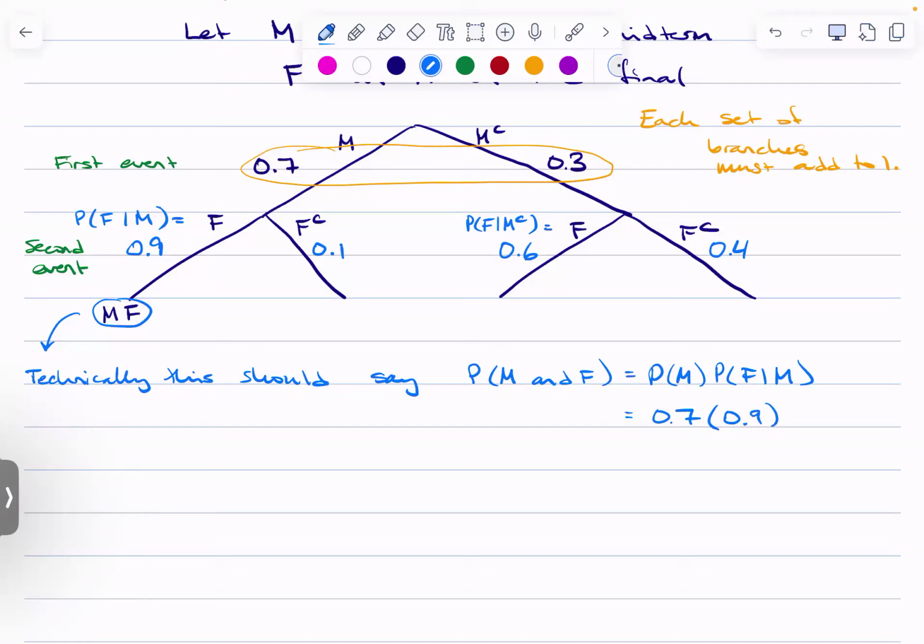But notice that's just multiplying down the branch. So 0.7 times 0.9, I get 0.63.